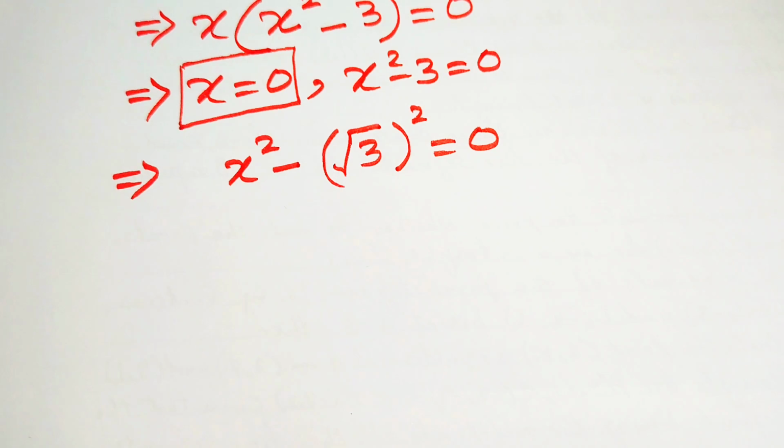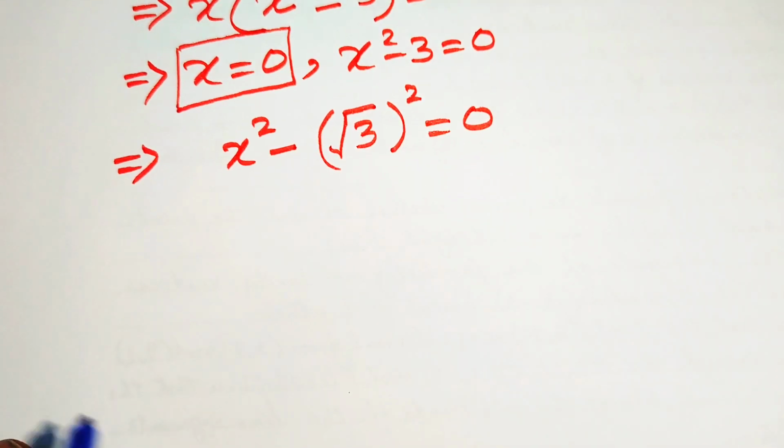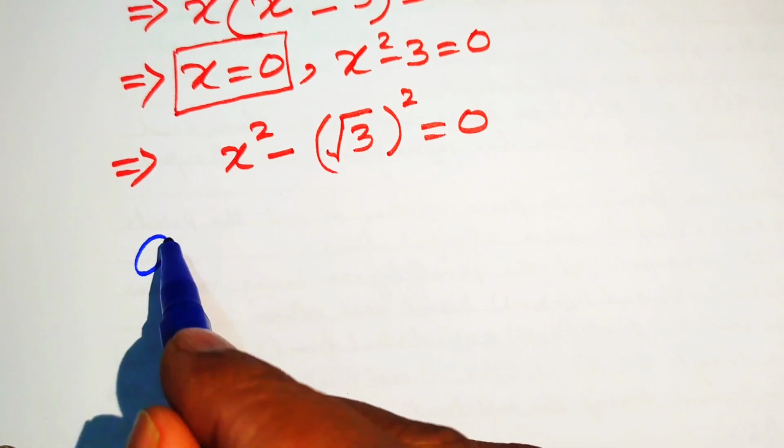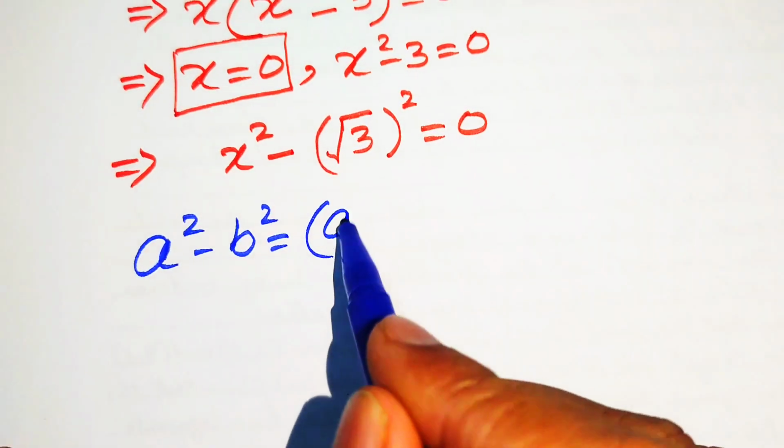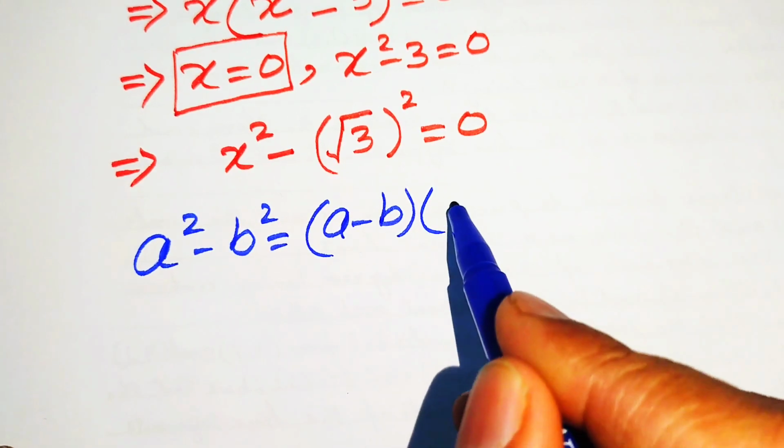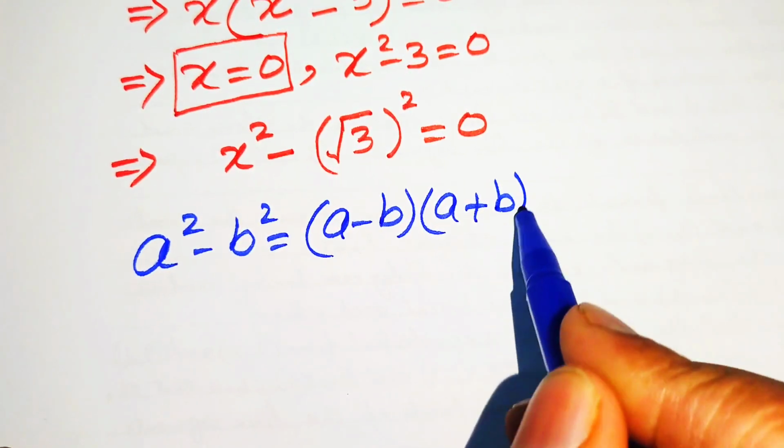After that, we need to apply the nice square identity. You know this identity: a squared minus b squared equals a minus b times a plus b.